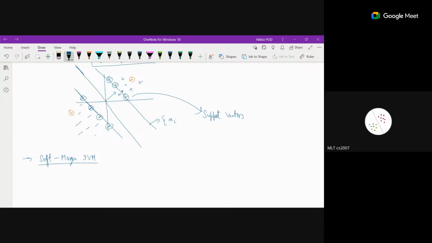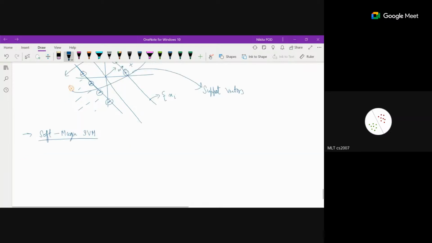So since we are allowing any W, and I know that this W star is not linearly separating my data set, but in case we allow this W star to be a part of the solution, then these orange data points can pay something to go towards the right side. So this can pay something to go on this side, and this can pay something to go on the other side, so that my W star is able to classify them.